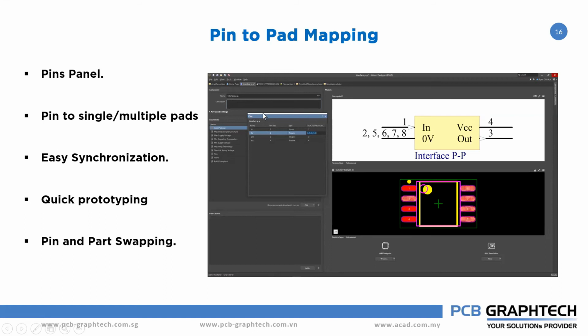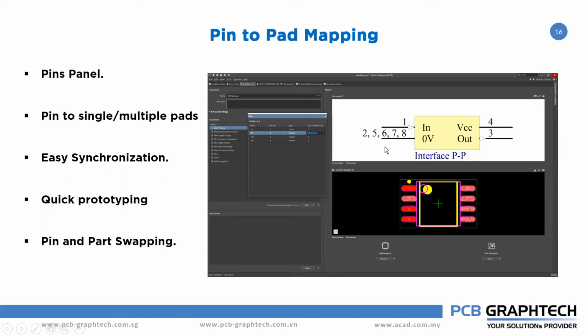You have to go to Pin Mapping and assign, for the particular pin, all the pads you want to assign. Then automatically, when you place the symbol inside your schematic, followed by the footprint, it will show the pin details.